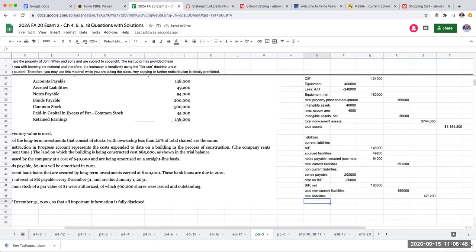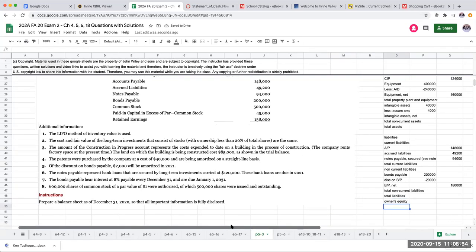So now we get down to our owner's equity. For the owner's equity, we have common stock, and then we have additional paid-in capital, 45,000. Why these books continue to do this, I have no idea. And let's see here.